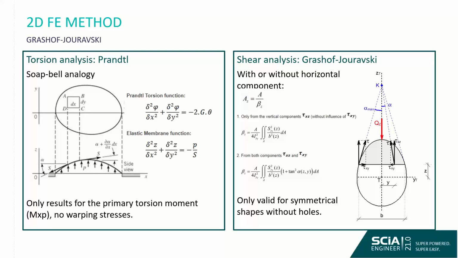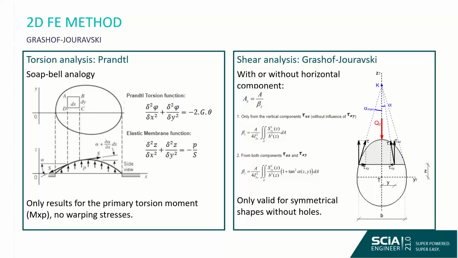But it actually uses two different methods. For the torsion, it will use the theory from Prandtl, which is using the soap film analogy, where actually you take your section and replace it by, let's say, some film of soap that's held down at the edges of your section, and then you put some pressure on the bottom, and you see which shape the soap film is going to form.